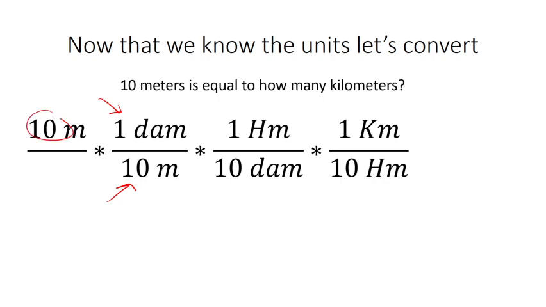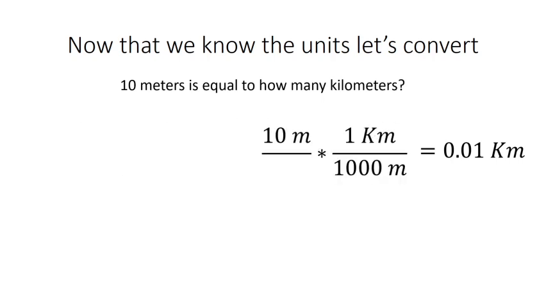So this would be 10 divided by 10 divided by 10 divided by 10, and that's going to give us an answer of 0.01 kilometers after our math and canceling out is done. And if you remember that there's 1,000 meters in a kilometer, you can condense it down into one step.